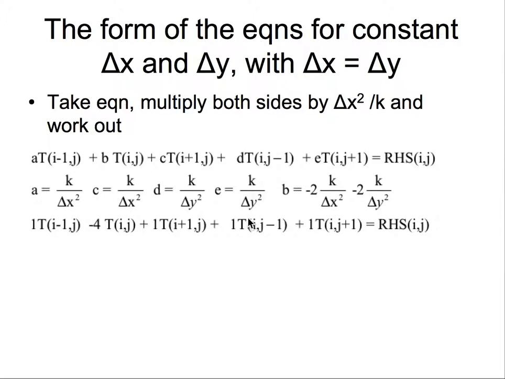And if we then write the equation with the coefficients substituted, we find we have a coefficient 1 for all terms, except the central term with index i and j. It has coefficient -4. Very nicely looking, elegant form.